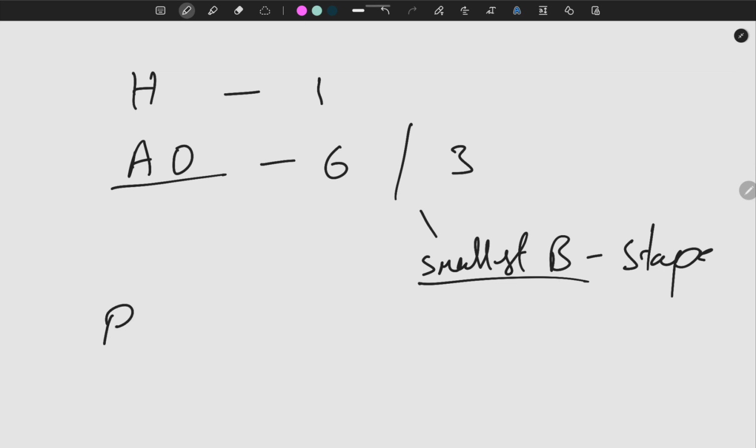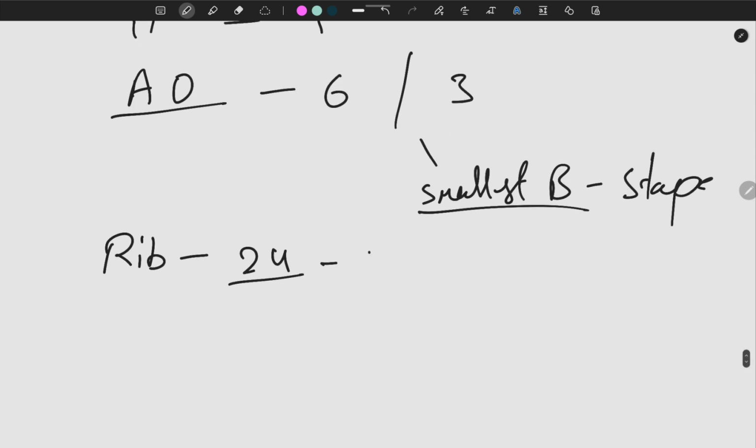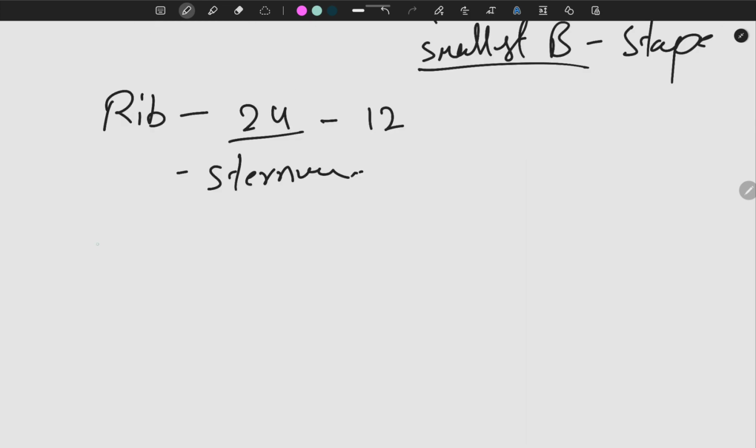The next one is the rib cage. In the rib cage we have 24 bones, 12 pairs. The next one is the sternum. Again in the thorax we have 12 pairs. Among these 12 pairs, ribs 1 to 7 are the true ribs.